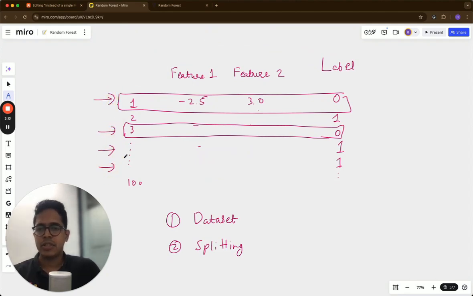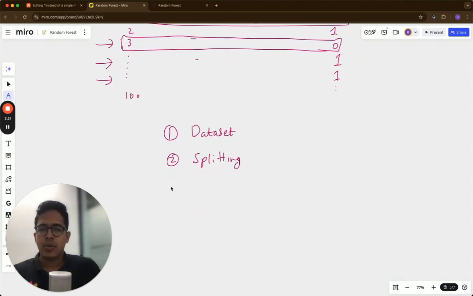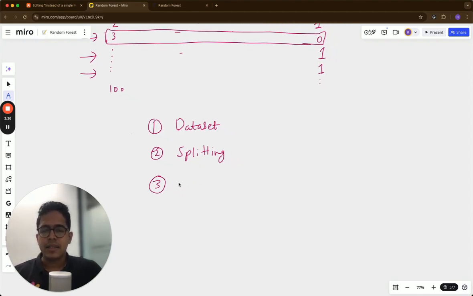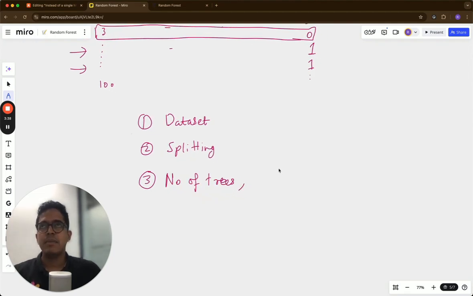Maybe 80% of the rows you will use for training, 20% of the rows you will use for testing. After splitting, we have to construct individual trees in the random forest. So before that, we have to decide how many trees, the number of trees in the forest, and the maximum depth of each tree.